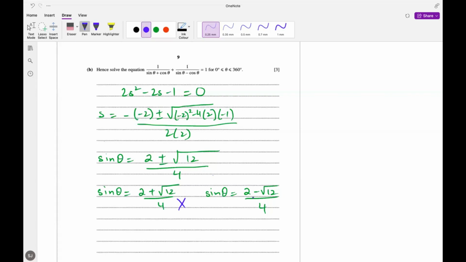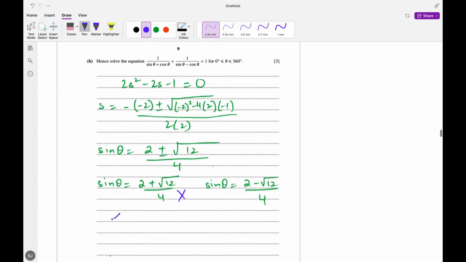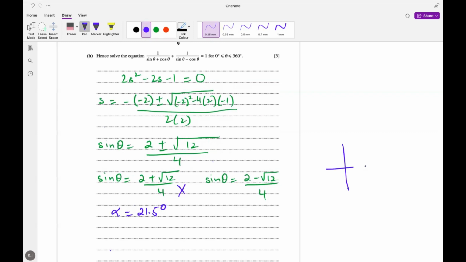And then taking shift sine inverse of the answer, we'll get the basic angle as 21.5 degrees. Once the basic angle is 21.5 degrees, and as sine theta was negative, we'll take sine in the negative quadrants, so making 21.5 in the third quadrant and 21.5 in the fourth quadrant.